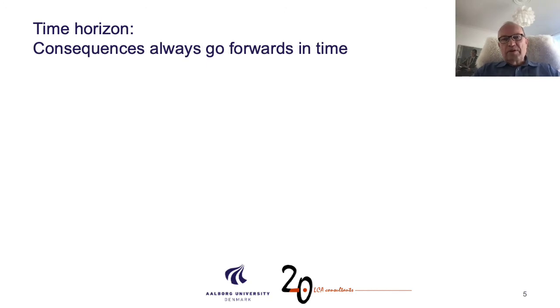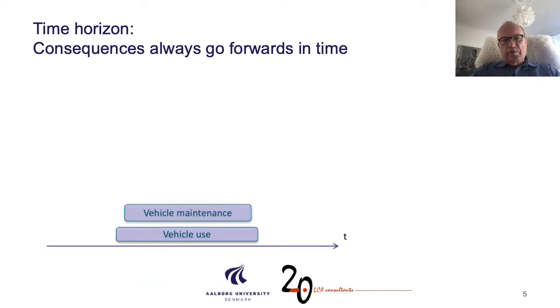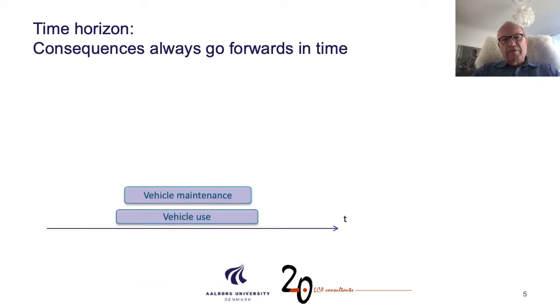Now, consequences always go forwards in time. So if we look at a timeline where we have a vehicle and its use and maintenance, which is taking place more or less simultaneously, then we can ask ourselves, what are the consequences of buying and using this car for the fuel production, for the actual manufacture of the car?